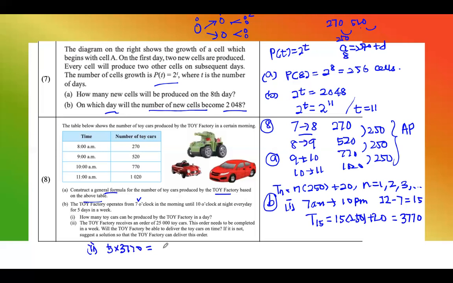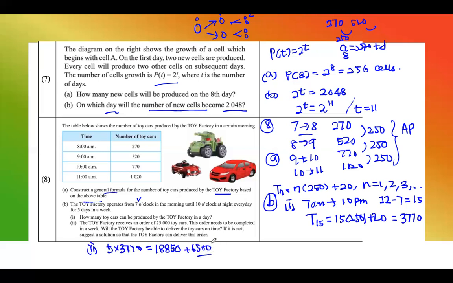So you get 18,850. So we are still short of 6,150.